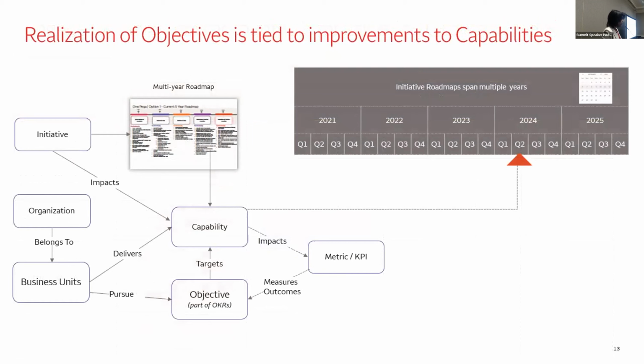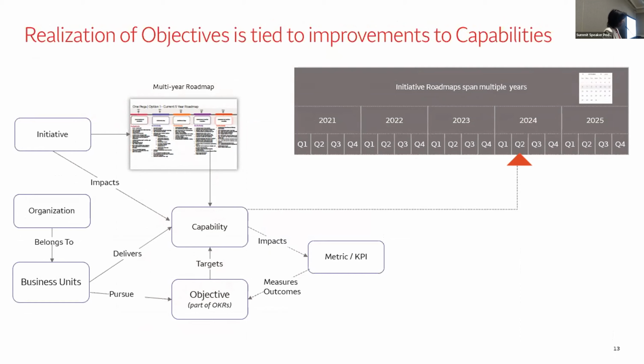So earlier I mentioned that determining when we would achieve those objectives was really important, and that we needed to know which capabilities were tied to each one of the objectives.